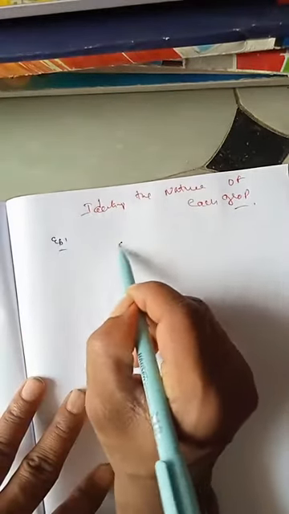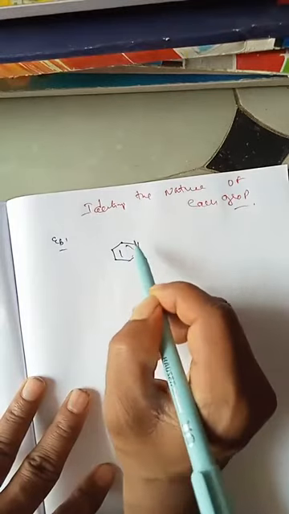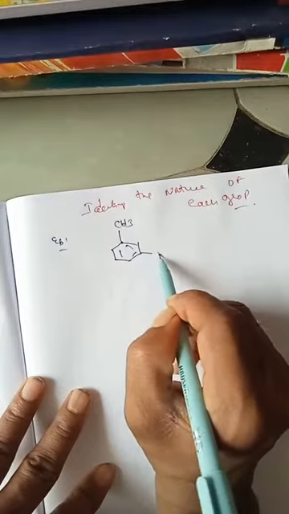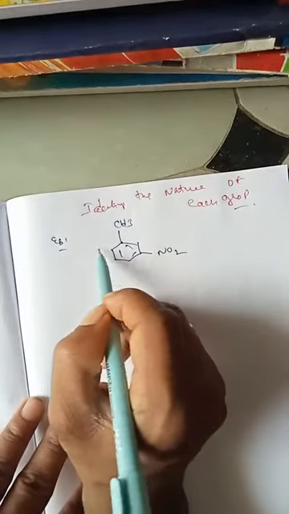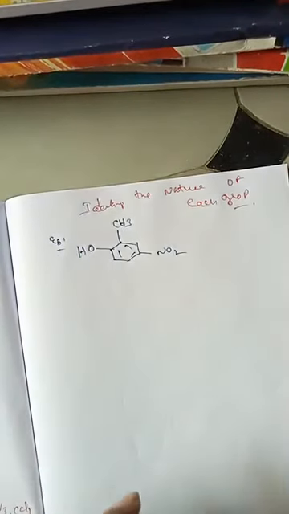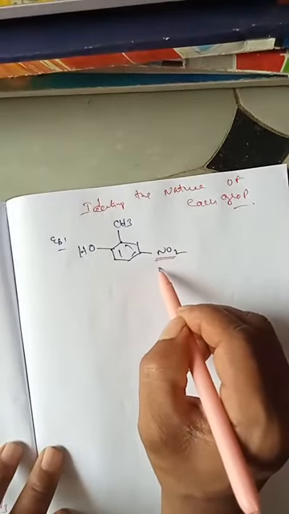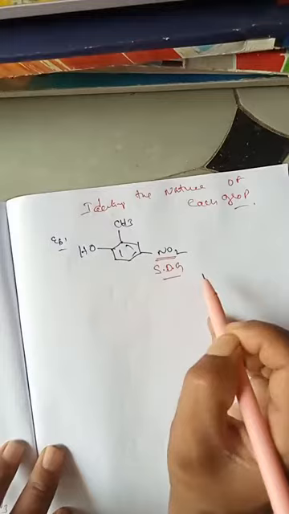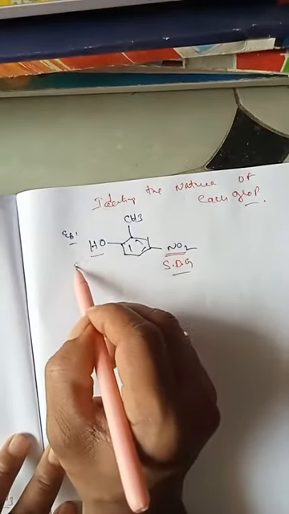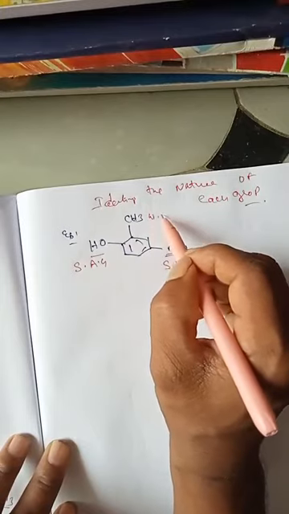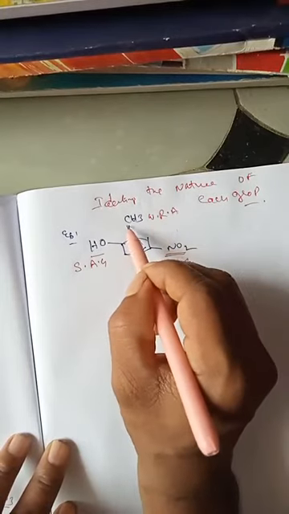For example, this is the benzene ring, and here CH3 is there, here NO2 is there, and here OH is there. Students, please remember that this NO2, nitro, is a very strong deactivating group. Another one, OH, is a strong activating group, and this is a weak ring activating group because it is an alkyl group.